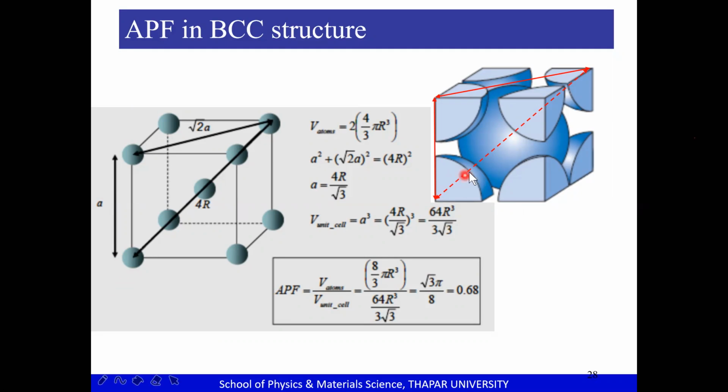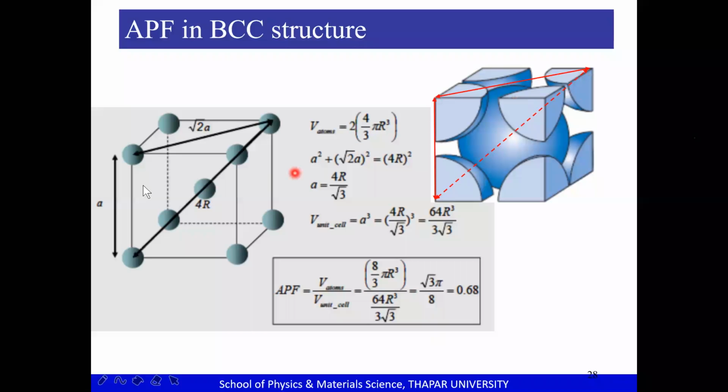I have only a fraction of the atom at the corner, whose length is equal to R, then an entire middle atom whose total length will be 2R, and then the opposite corner atom whose radius is equal to R. So my total length of the body diagonal is 4R.